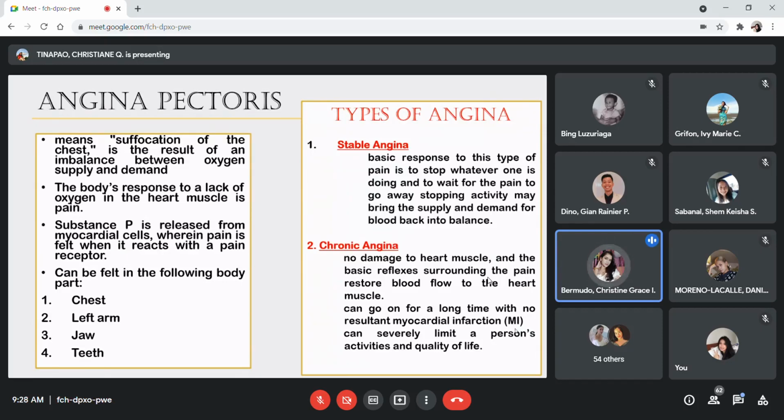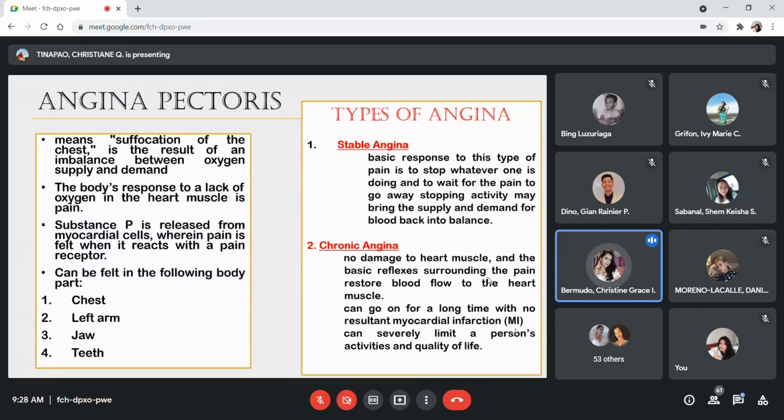Okay, so now let's go on to the different types of angina. Stopping what you're doing and waiting for the pain to go away is the typical response to this type of pain. Stopping activity may bring the supply and demand for blood back into balance in cases with mild restrictions in blood flow through arteries. This is referred to as stable angina.